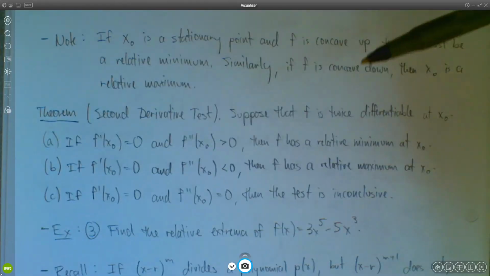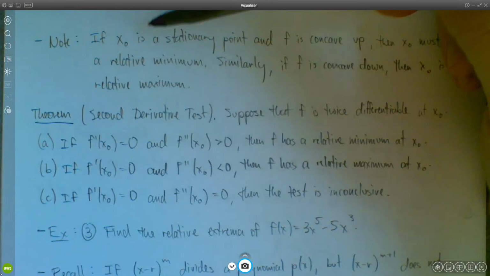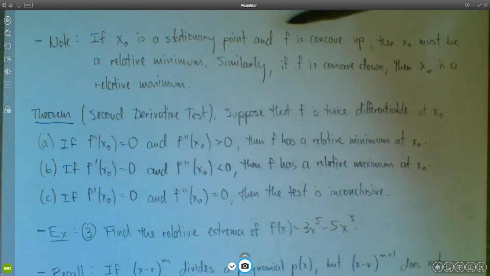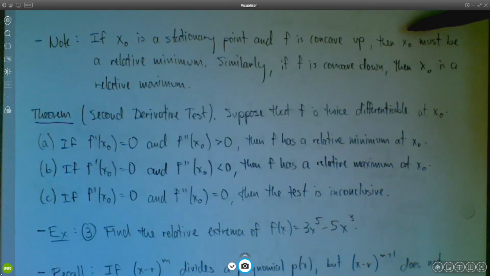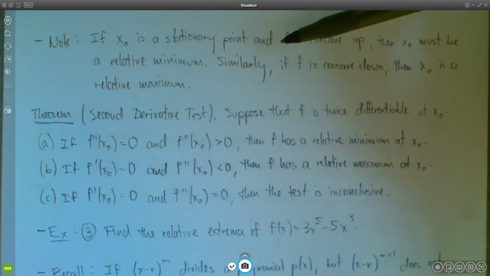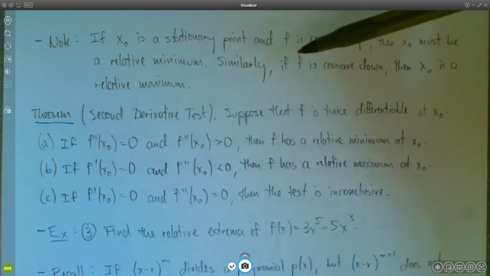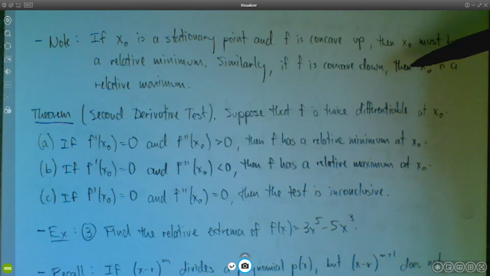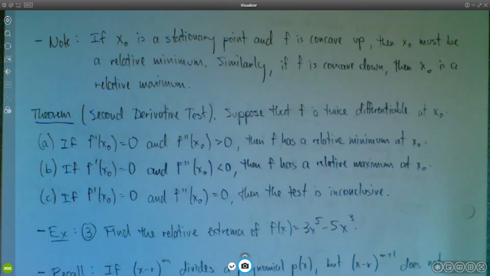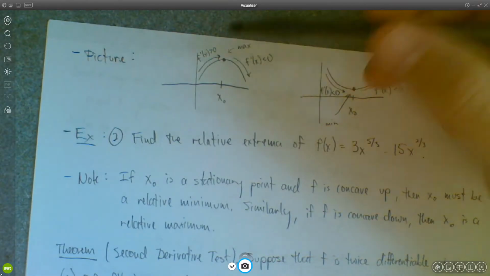So this is another way to do the same thing, right? So note that if x0 is a stationary point and f is concave up, then x0 must be a relative minimum. Similarly, if f is concave down, then x0 is a relative maximum, right? You can see that in this picture here.